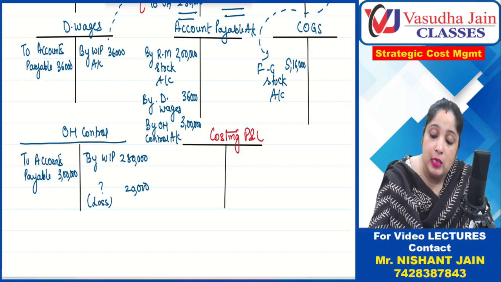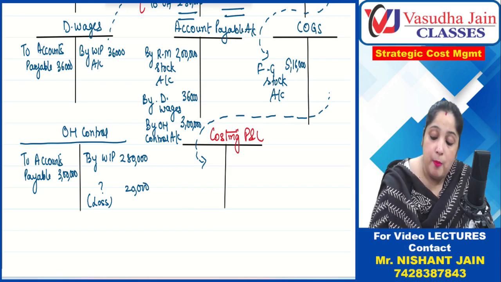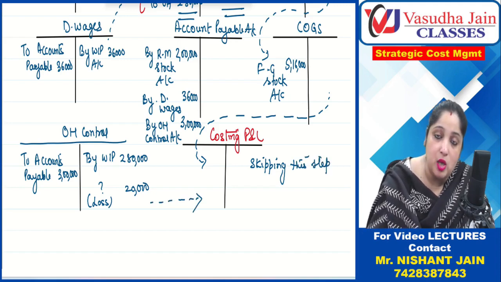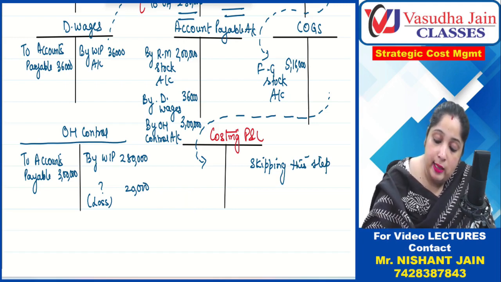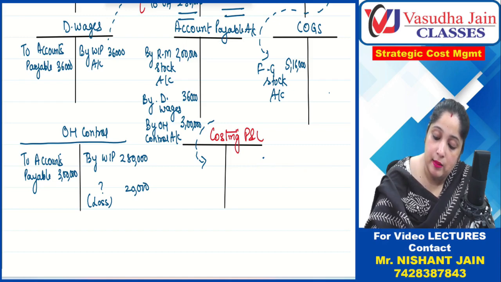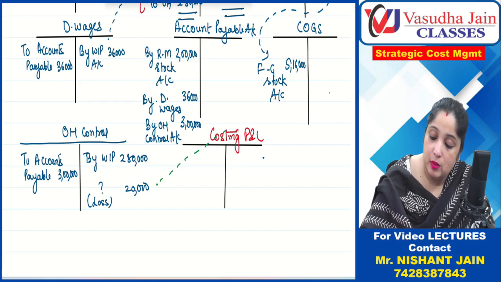Otherwise what we are going to do, we are going to transfer this cost of goods sold to costing P&L, but we are skipping this step. And this loss should have been transferred to costing P&L, but instead of doing that we are transferring this loss directly to COGS.